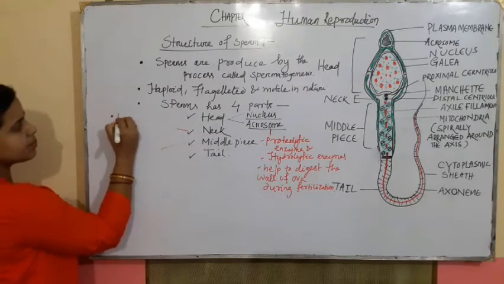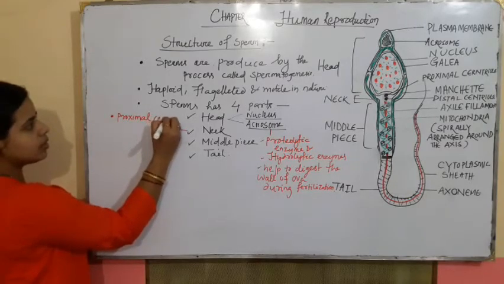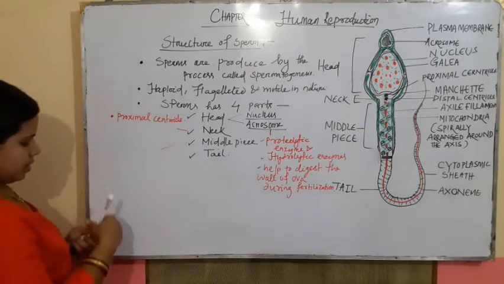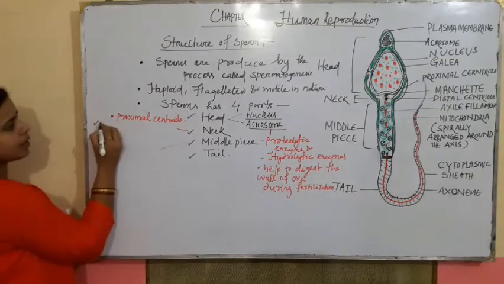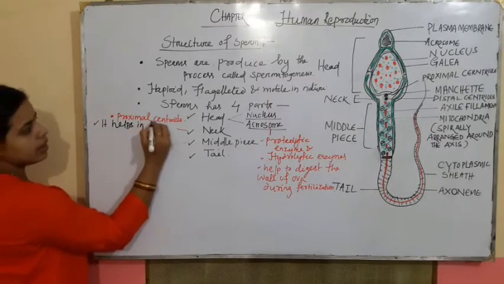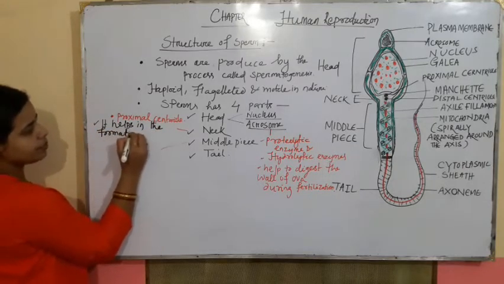Neck region consists of the proximal centriole. What is the function of the proximal centriole? It helps in the formation of spindle fiber.